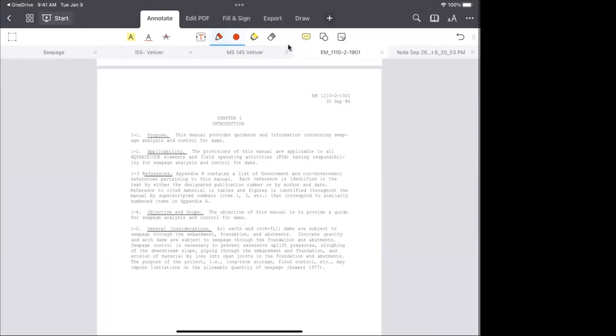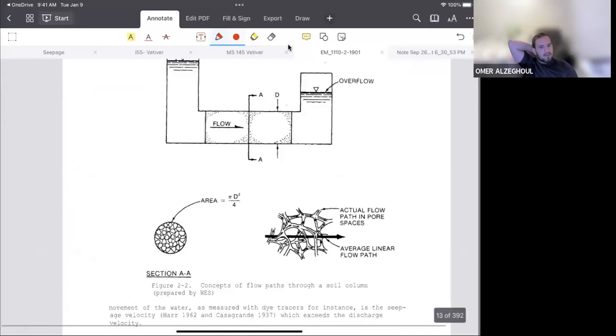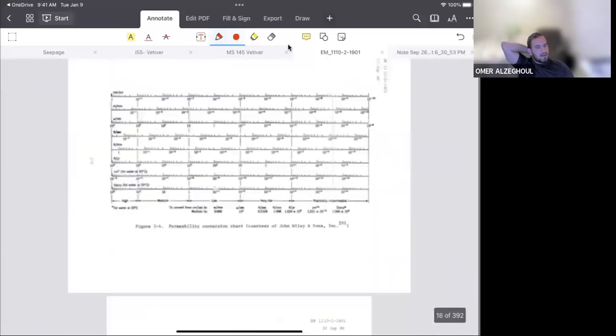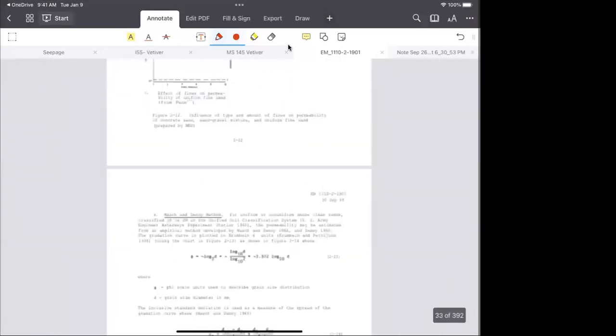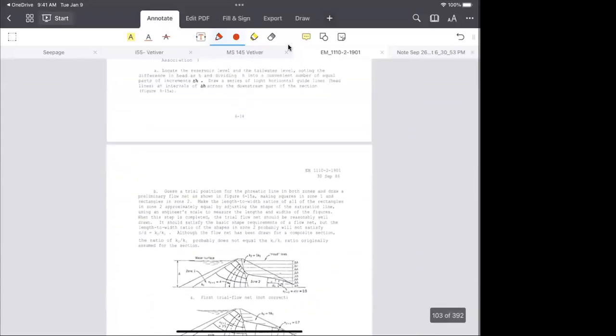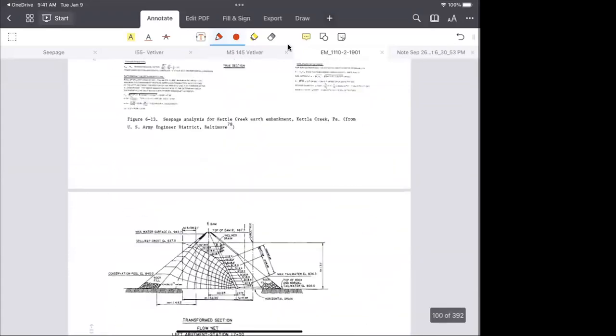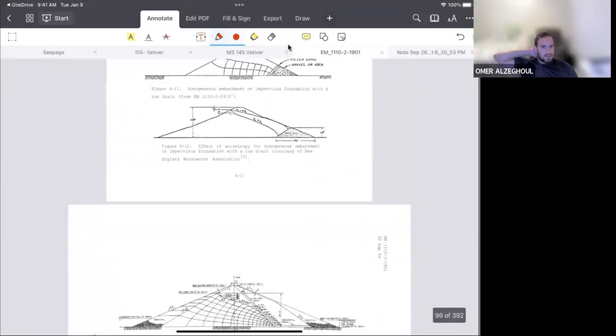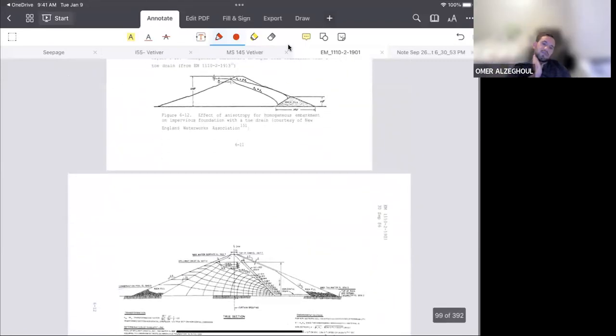Yeah, all the EMs, actually, they wrote. All the units, right? Unless it's written by ERDC, I think Corps cannot use it, right? No, we use all the EMs.